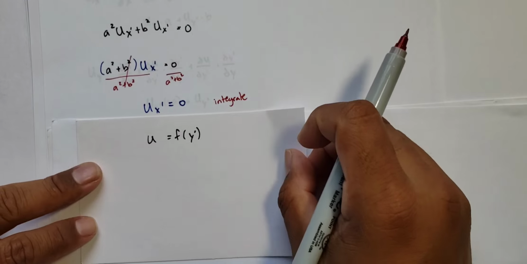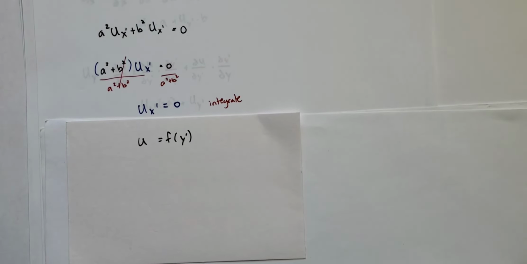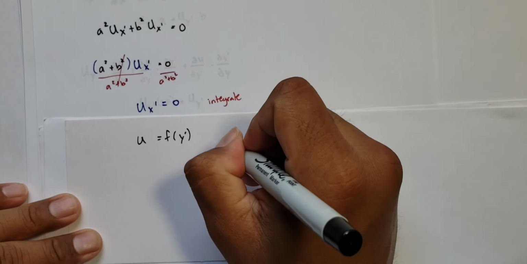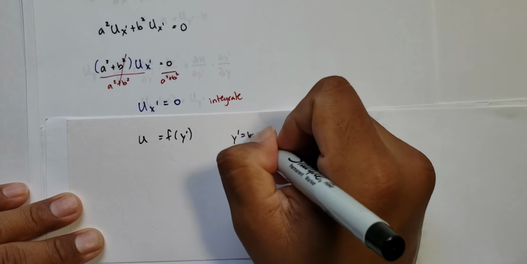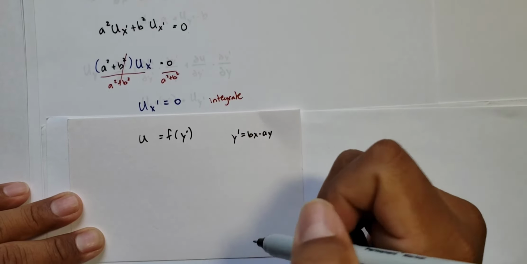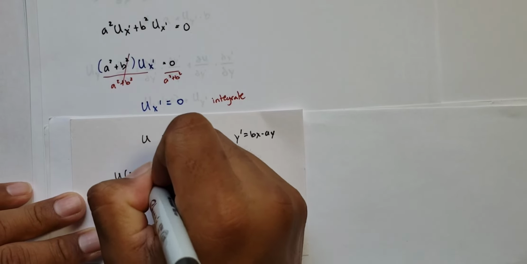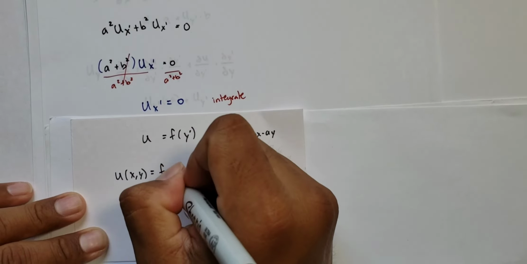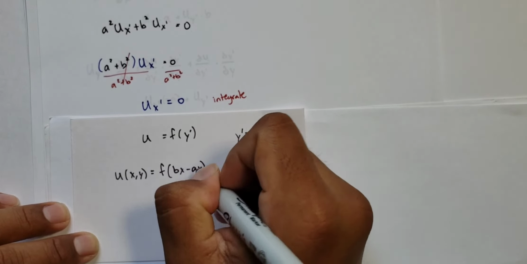So that means if we integrate, u is actually a function of y prime, and we stated earlier that y prime is equal to bx minus ay. So that means u of x, y, our function, is actually equal to f of bx minus ay.